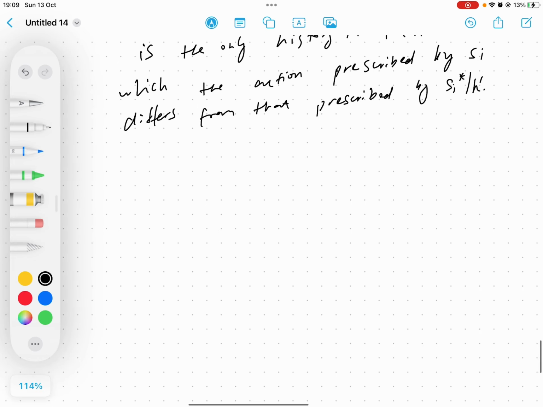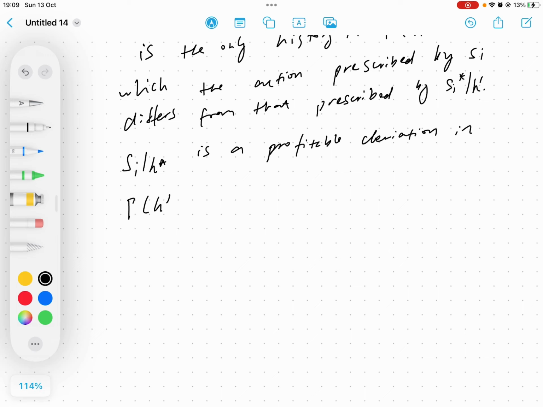And further, Si following h star is a profitable deviation, right? A profitable deviation in which game? In gamma h star.